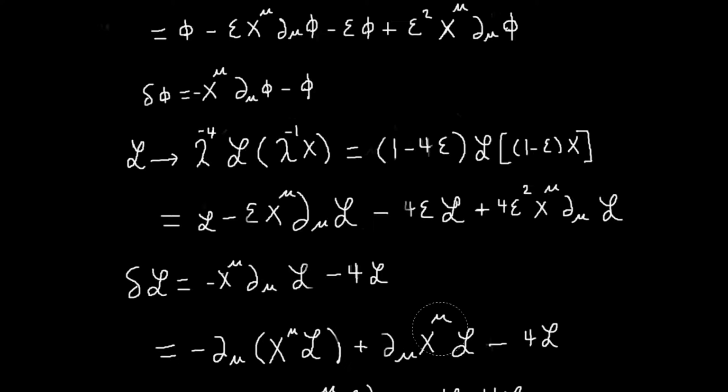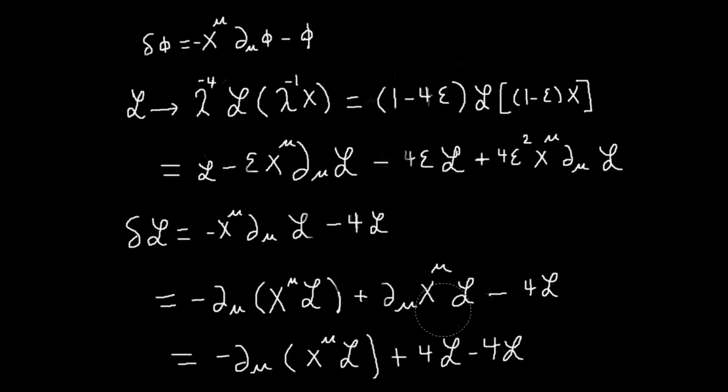It's these two terms, and then this term, d mu x mu, we will just get 4. So these two terms will cancel, and we're just left with d mu of minus x mu L. So our F mu will be minus x mu times the Lagrangian density.